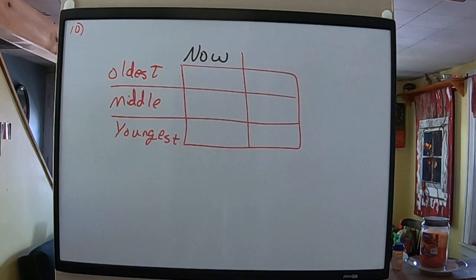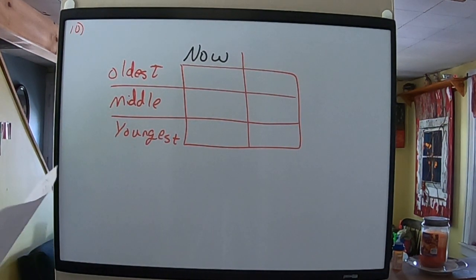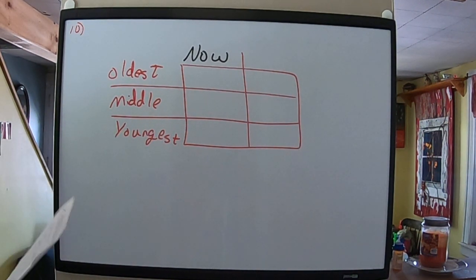The ratio of the ages of 3 companies is 2 to 4 to 5. Now, when you talk ratio, you're talking about things that are done in proportion to each other. For example, if you were making a recipe and it called for 2 eggs, a cup of sugar, and 3 cups of flour, then if you doubled it, you double each of those values.